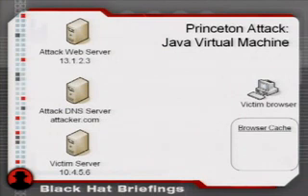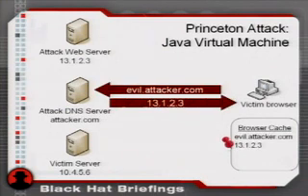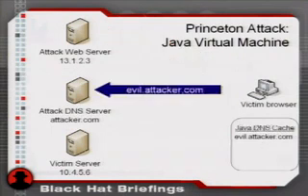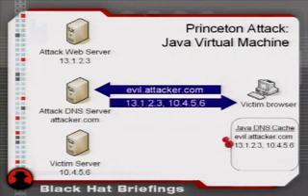The Princeton attack looks something like this. Again, it's very similar to a simple DNS rebinding attack. The victim browser goes to a malicious site. This time, the browser could be performing perfect pinning with that IP address. The attack server comes back with some kind of HTML referencing an applet, which causes the browser to fire up the JVM. The first thing the JVM does is issue its own DNS query, and this time it gets 2 addresses back.